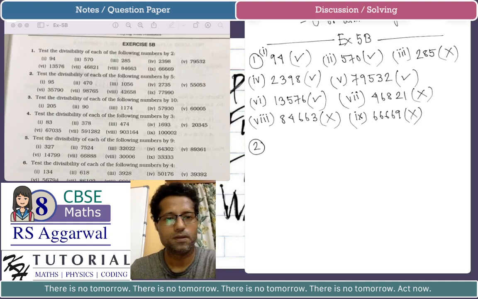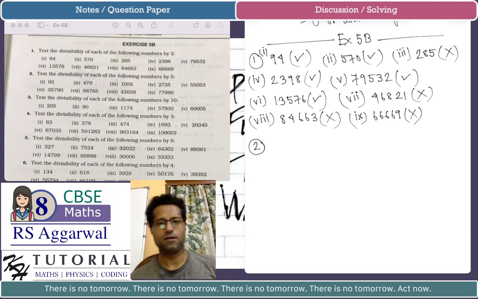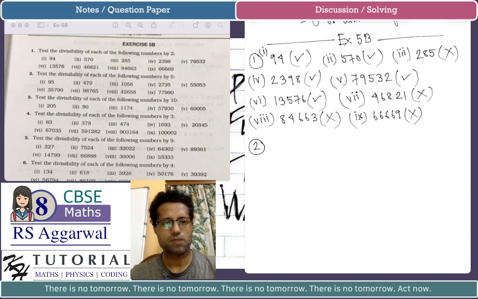Problem number 2. Test the divisibility of each of the following numbers by 5. Now clearly we will check the rightmost digit, that is the digit at the units place. If it is 0 or 5, then the number will be divisible by 5. There is really nothing to explain about which one is divisible by 5 and which one is not.